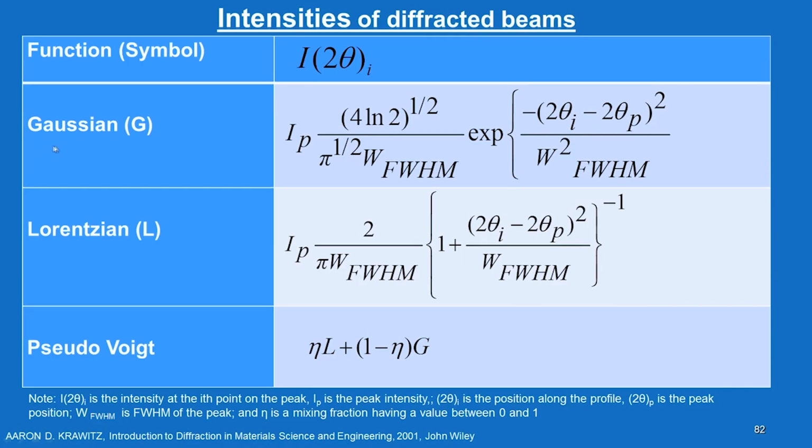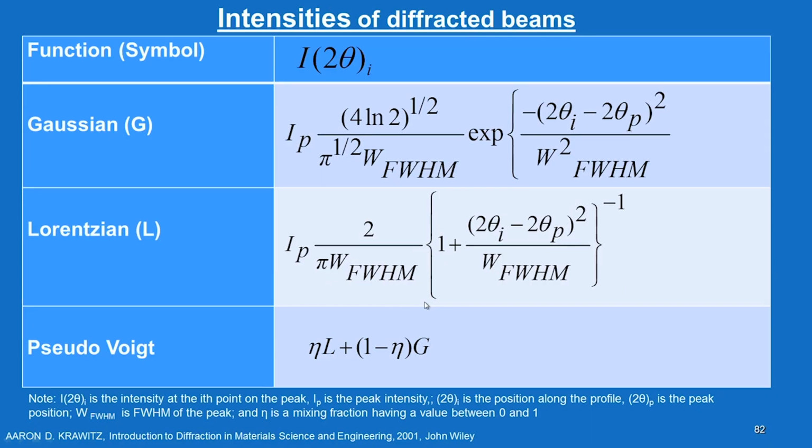First the Gaussian: if your peak can be fitted into a Gaussian model based upon this expression, then we can do certain types of calculations. Secondly, if your peak can be modeled with a Lorentzian function like this, then that has some advantages, we will see. And then you also have a pseudo-Voigt model, which is represented by this equation.